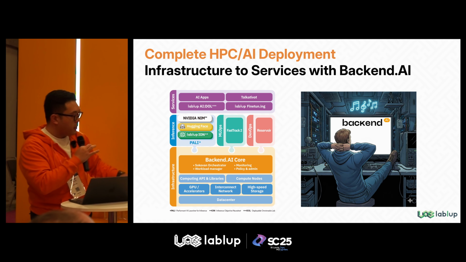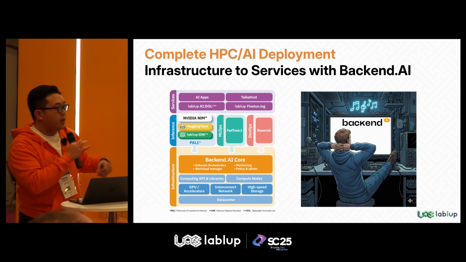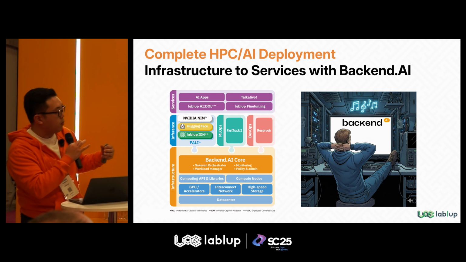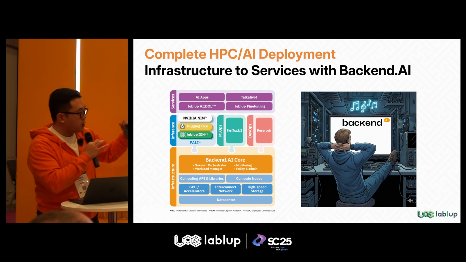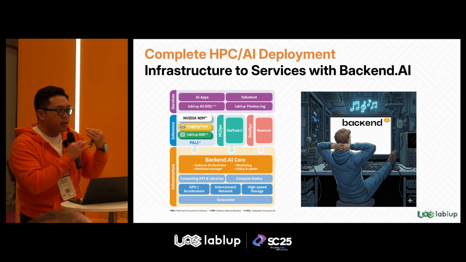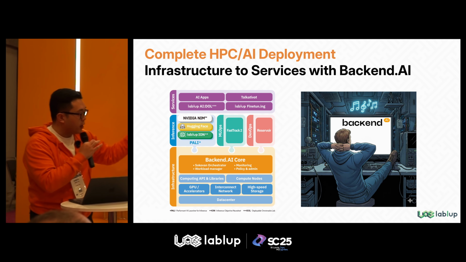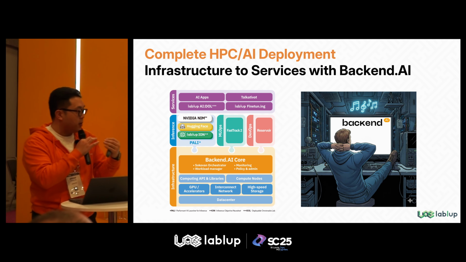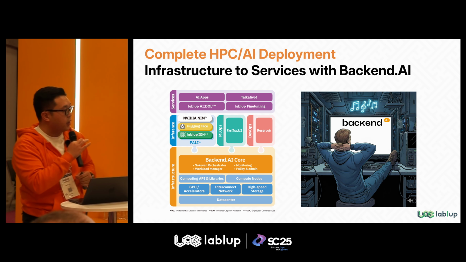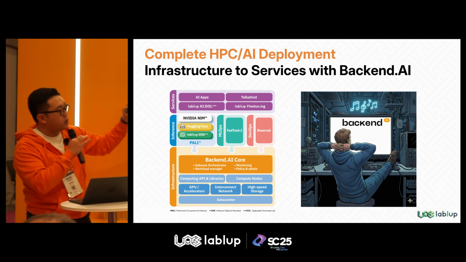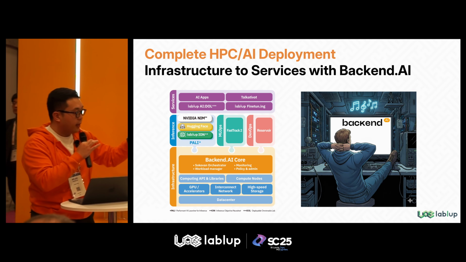HPC management is the core of Backend.AI, but we don't just do infrastructure management; we also cover every aspect of AI. It can start as just a development environment and extend to inferencing. We can connect directly to Hugging Face, or use the MLOps platform we included as a fast track. Or if you just want to serve the model, it can be served directly on our same platform on a single page.